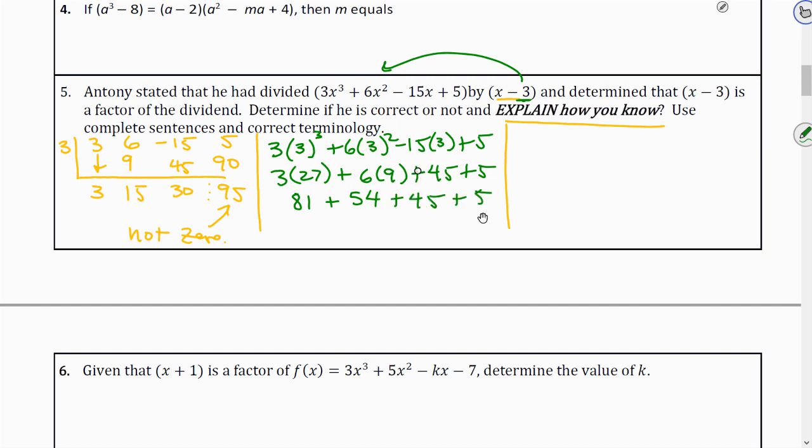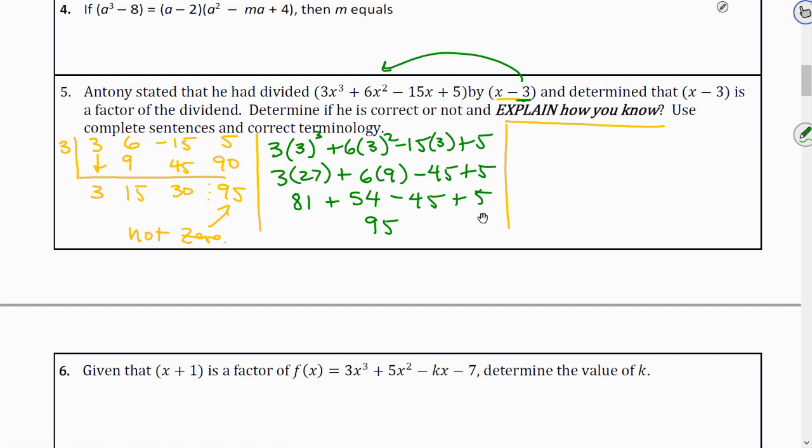I made a mistake right here. And I get 95. By the remainder theorem, if I divided those, I'd have a remainder of 95, which is not 0, so it can't be a factor.